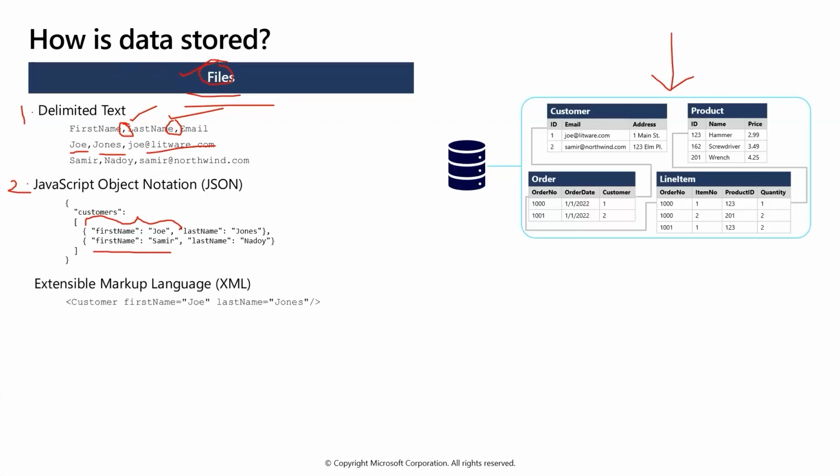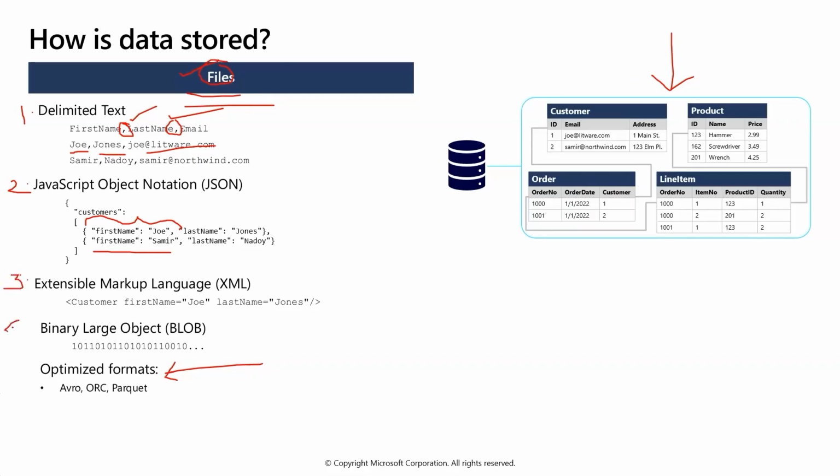All right, let's go back to the slide and see what we have in store. There you go. This is extensible markup language, and then you have Blob. Right? Now, finally, you also have the most recent ones, which are known as optimized formats. Right? See, the first four which have been mentioned over here are something that was traditionally used, right? But then the latest ones, people always prefer to use optimized formats.